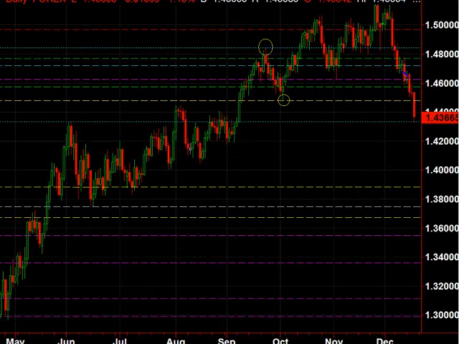Now, as soon as it breaks or fails to hold these structural points, at that moment all the traders that went long above this point are going to reverse, get out of the trade, and actually take a trade in the opposite direction.